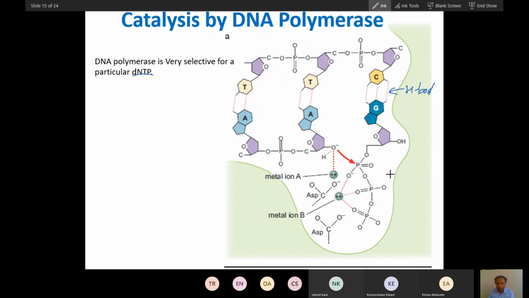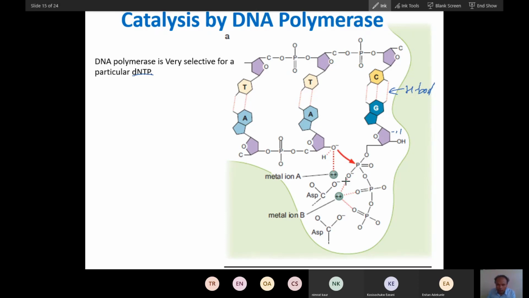Another point: if there is a hydroxy group here, as in RNA, then this nucleotide will not fit into the palm, the cleft of the enzyme, and will not bind. Only a deoxynucleotide with the proper base will come here, bind and form a bond.